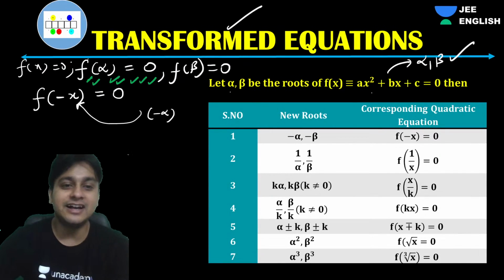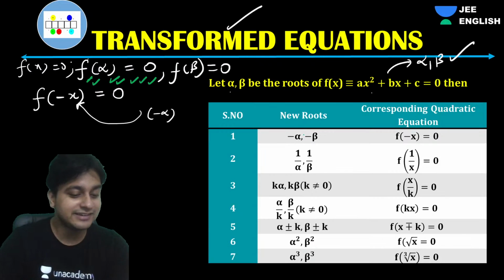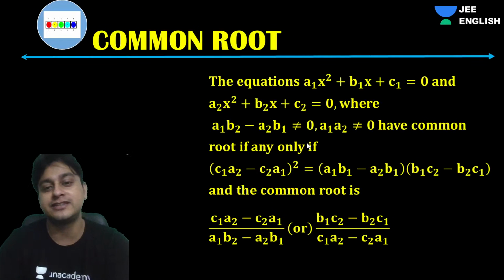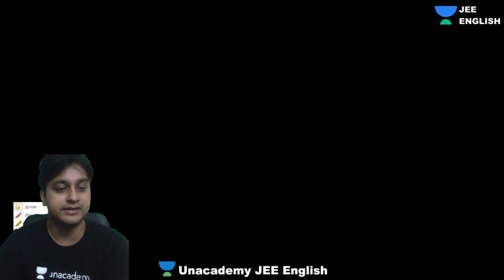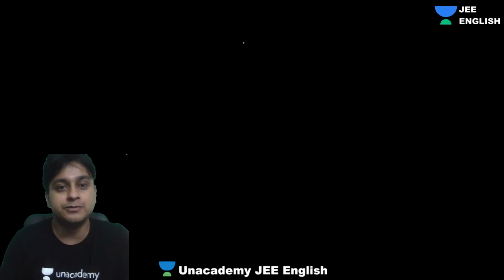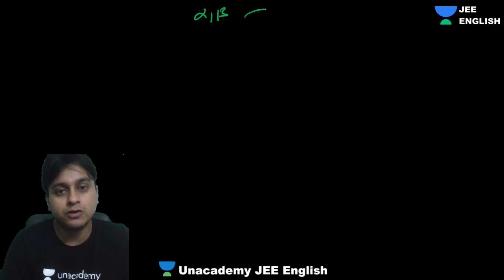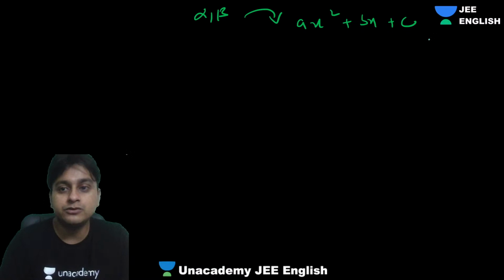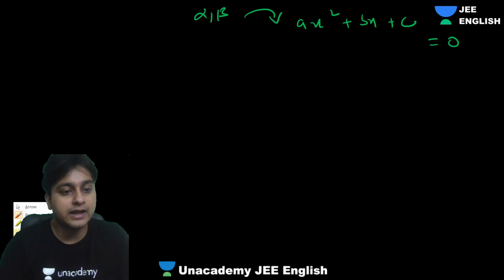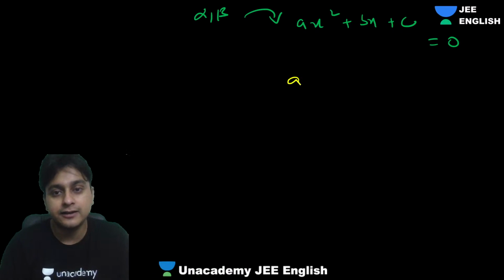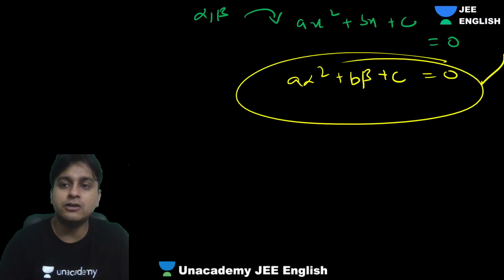Okay, so guys, I think many of you will be confused, so I'll just show you this. Very interesting, very important. See, how do we do it? Let's suppose alpha, beta are the roots of ax square plus bx plus c equal to 0. So if you put alpha and beta, that means a alpha square plus b alpha plus c is equal to 0. Now, this is given already.